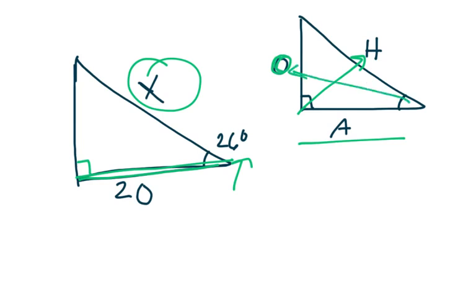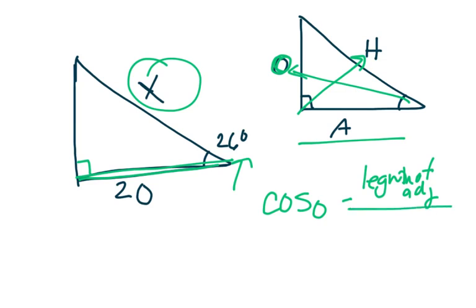So for cosine, we need the length of the leg adjacent, which is our 20, over our hypotenuse, very difficult for me to say.